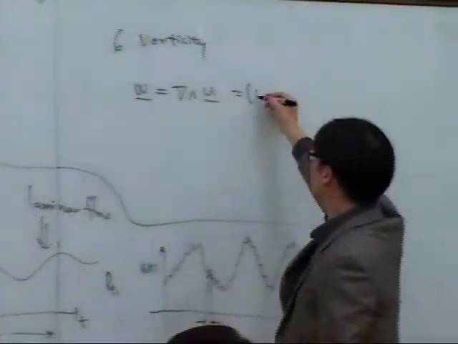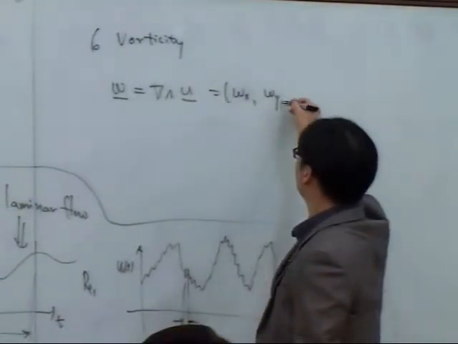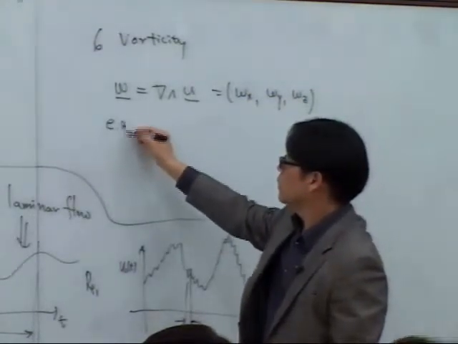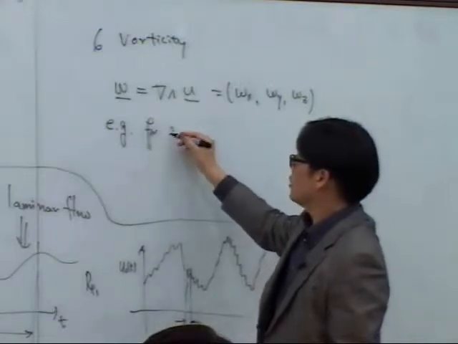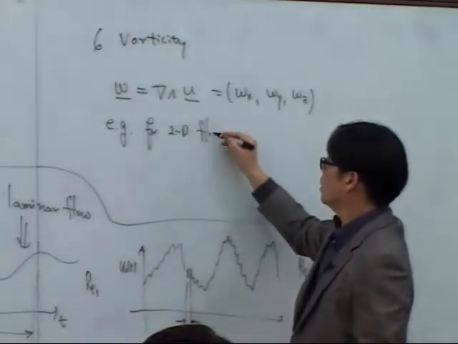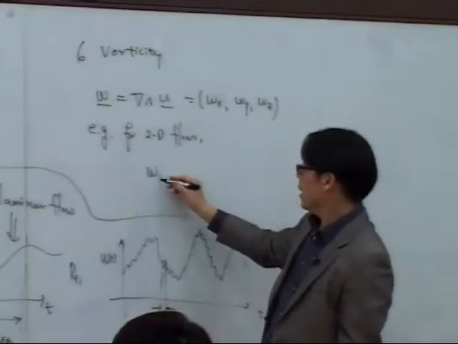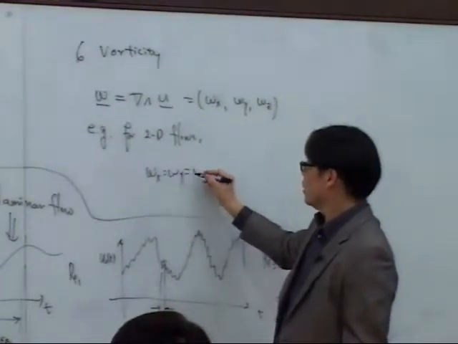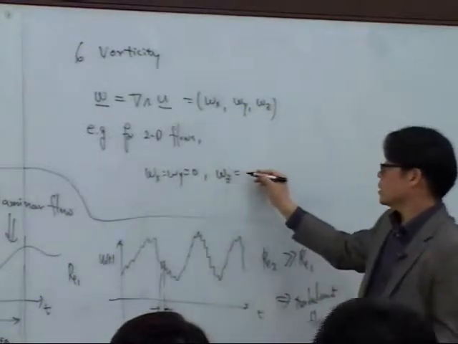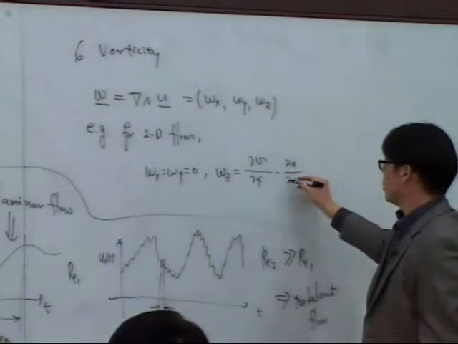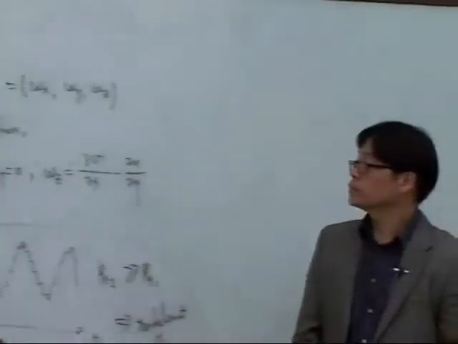It's a vector. For example, for two-dimensional flow, omega x and omega y are 0, and omega z is defined by dv/dx minus du/dy. In three-dimensional flows, you have three components.